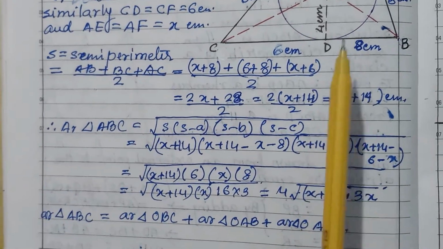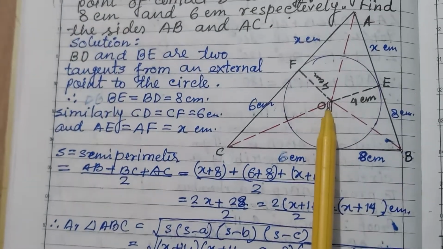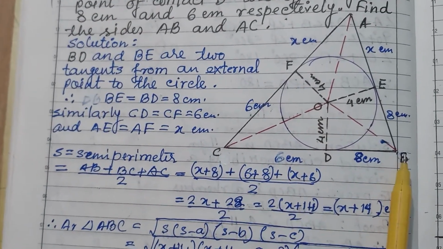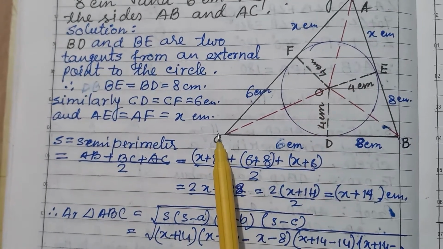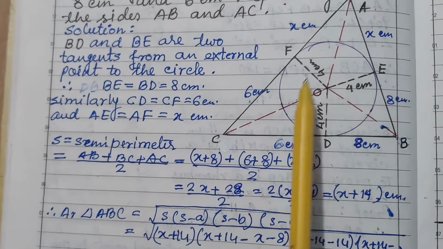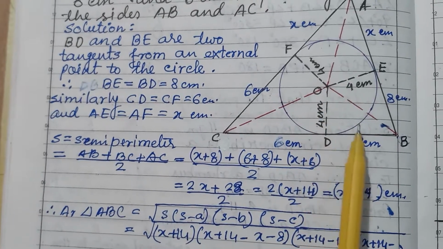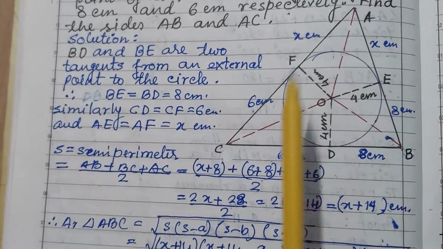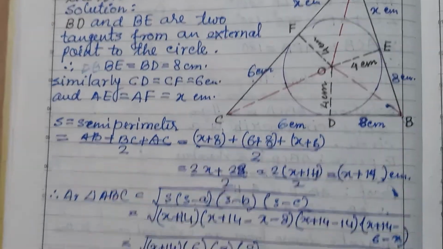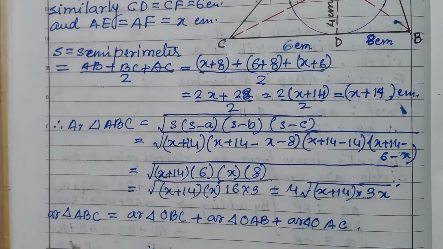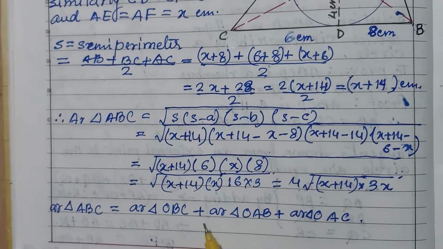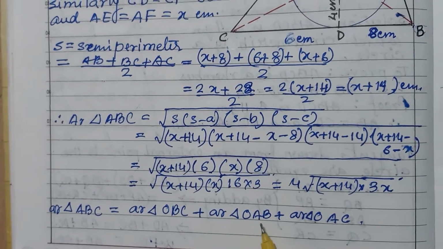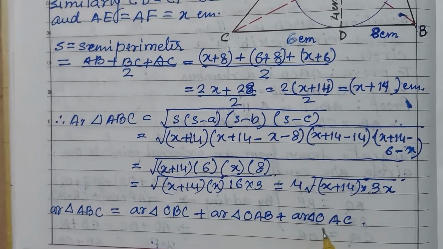Now in this case, OCB plus OBA plus AOC, these three triangles together, area of these three triangles together is area of triangle ABC. Therefore, we can write area of triangle ABC is equal to area of triangle OBC plus area of OAB plus area of OAC.